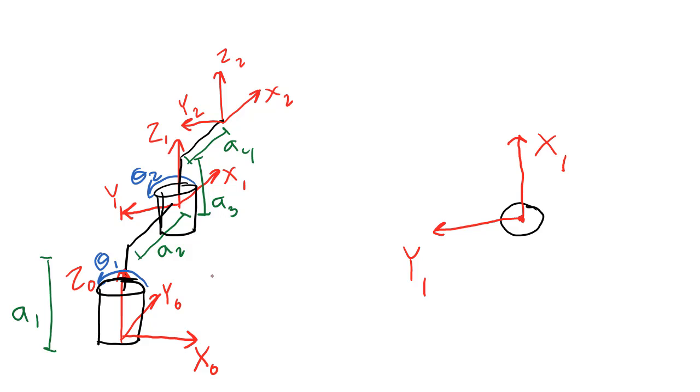What if we would draw the picture in such a way that θ2 was 45 degrees? In that case, what would we see? We would see the link A4 coming off like this. And we would see the 2 frame looking like this.